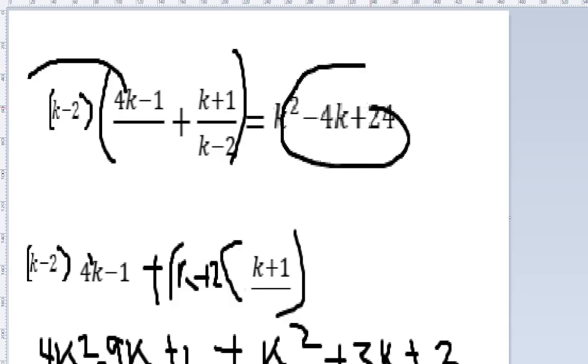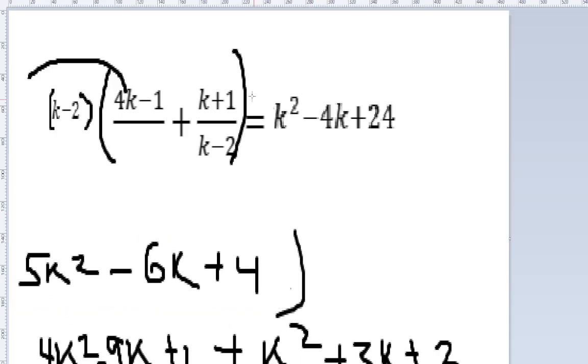And this whole right is still there. And if I add up the common terms, I can see 4k squared plus 1k squared, 5k squared, minus 9k plus 3k minus 6k, plus 2 plus 2 plus 4. So I get this on the left is equal to this on the right.